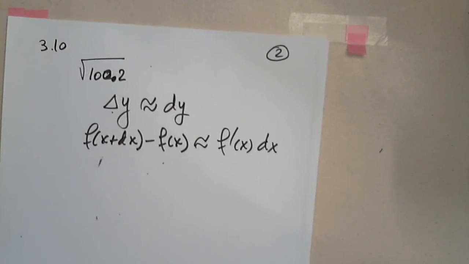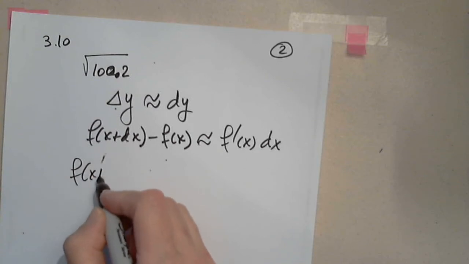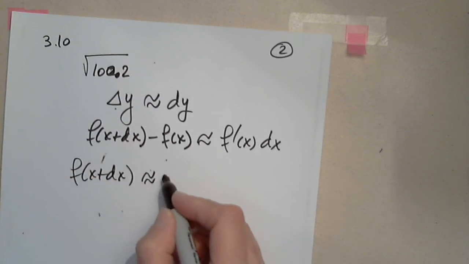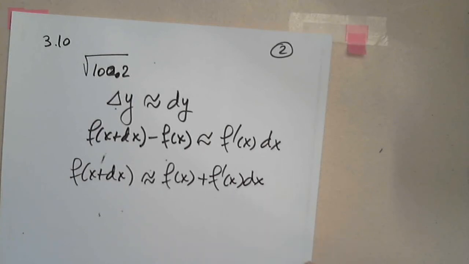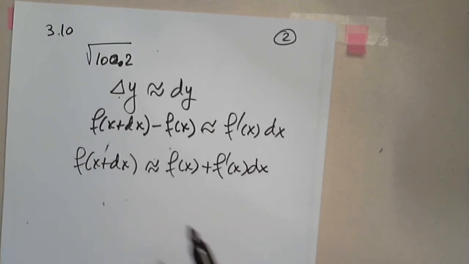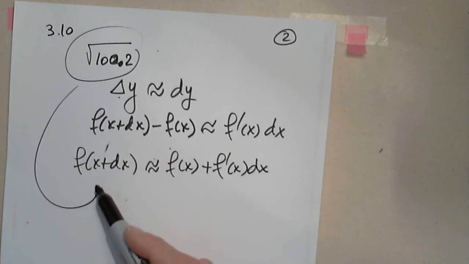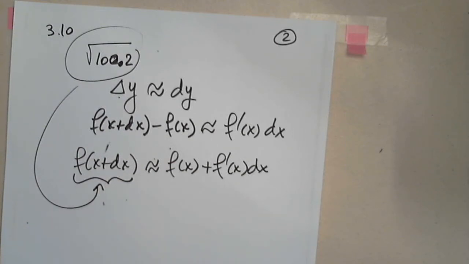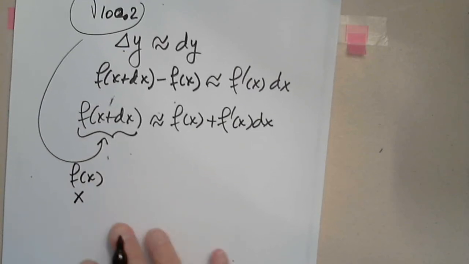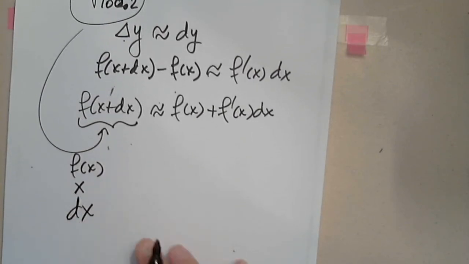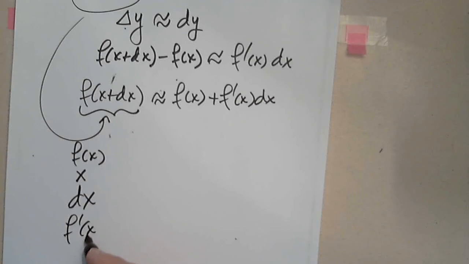Okay, now it's working. So f of x plus dx is approximately f of x plus f prime of x dx. And this is all I need. I need to identify the function, I need to identify x, I need to identify dx, and of course after that I will find f prime.